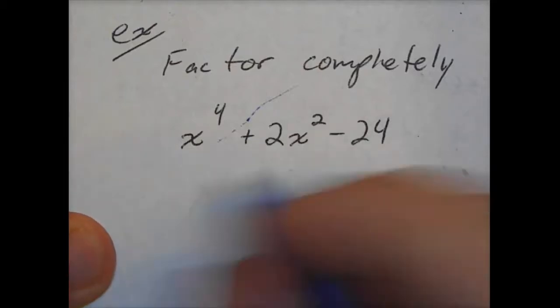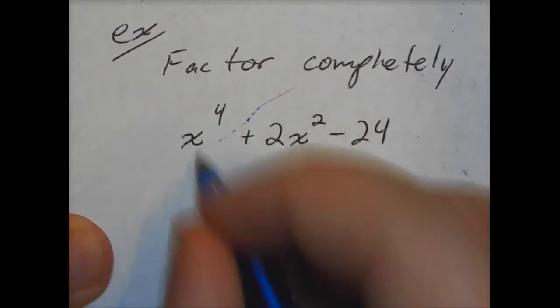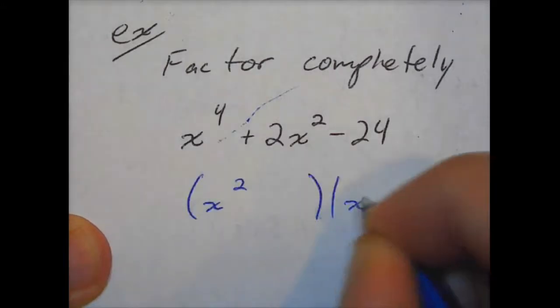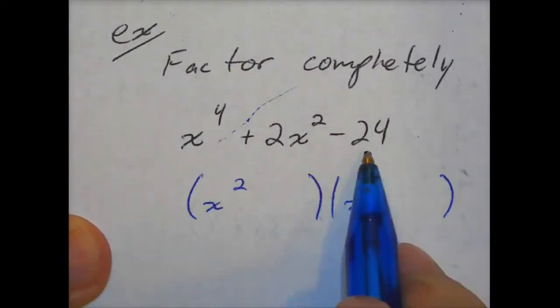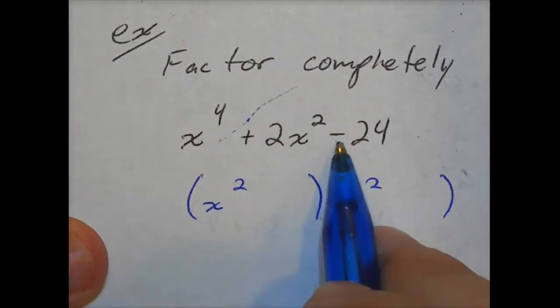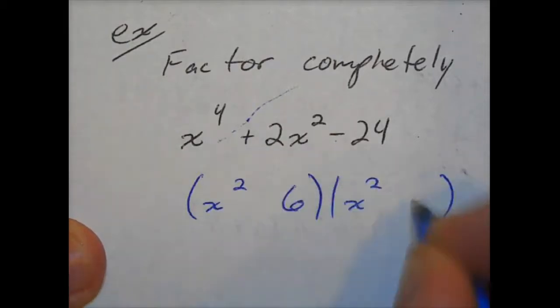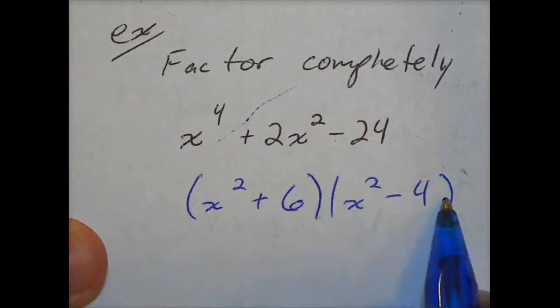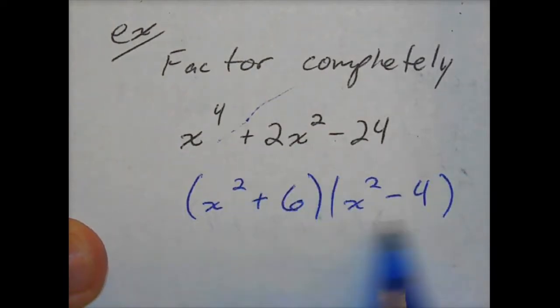So same sort of difference, x to the fourth, 2x squared. So if I start out with x squared and x squared, now I need to multiply to be 24 and have a difference of 2 because that's a minus sign right there. So if I use 6 and 4, I want to have plus 6 minus 4, so that 6 minus 4 is positive 2. 6 times negative 4 is negative 24.